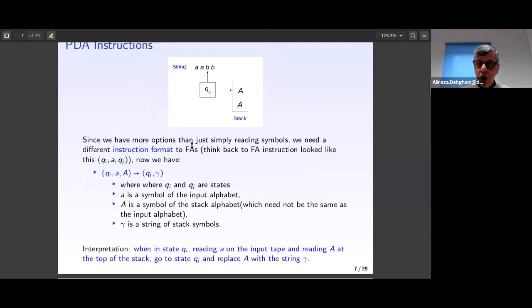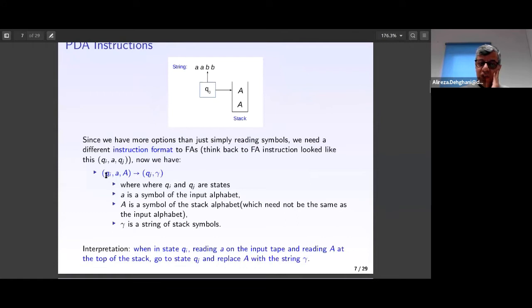Since we have more options than just simply reading symbols, we need to have different instruction formats compared to FA. In the FA, you remember finite automata, we didn't have this, and also we didn't have this. We used to say if you are in state Qi, you read symbol A, you go to state Qj.